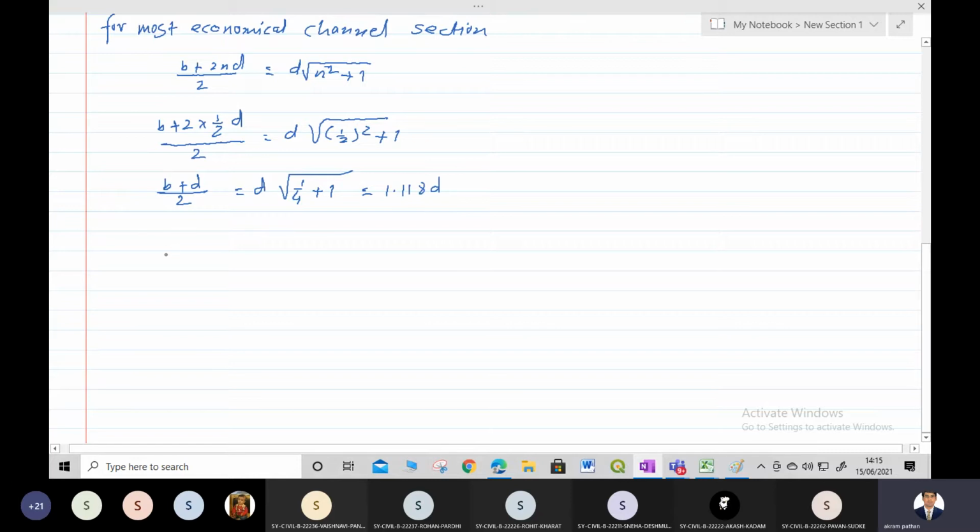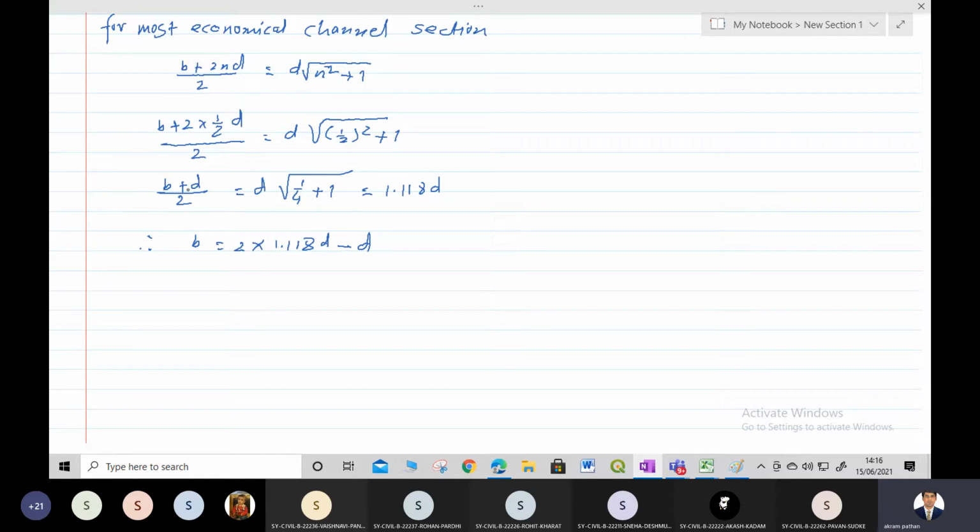Therefore b is equal to 2 into 1.118 d minus d. The d on the left hand side is positive, so if you take it to the right hand side it will be negative.